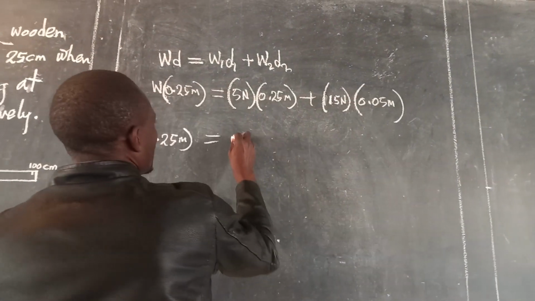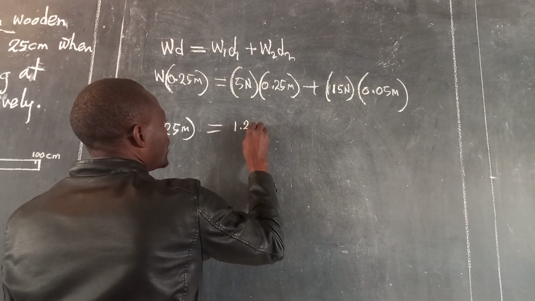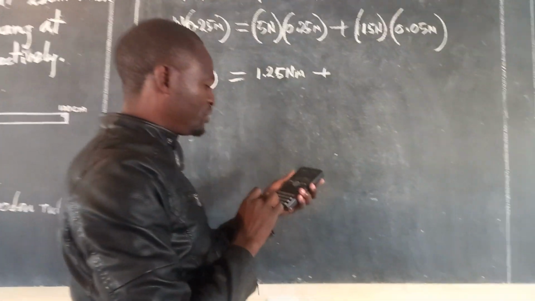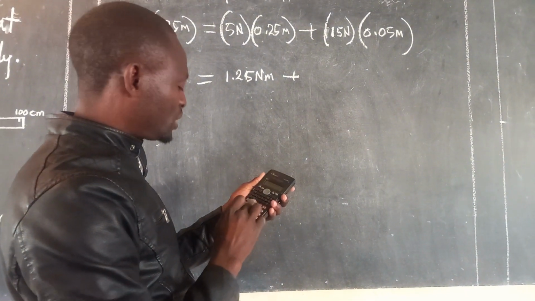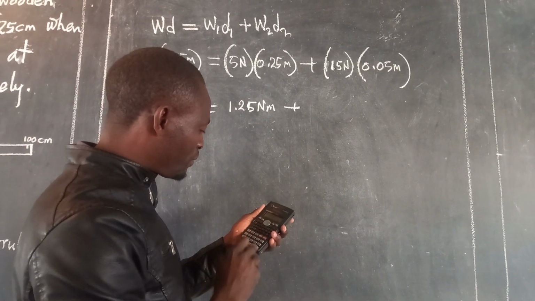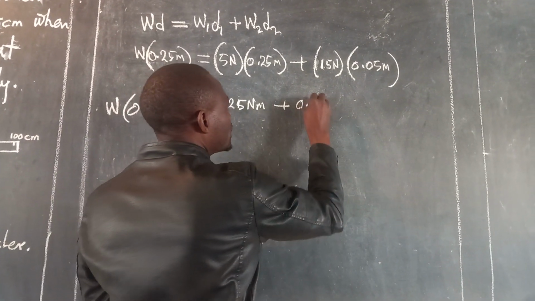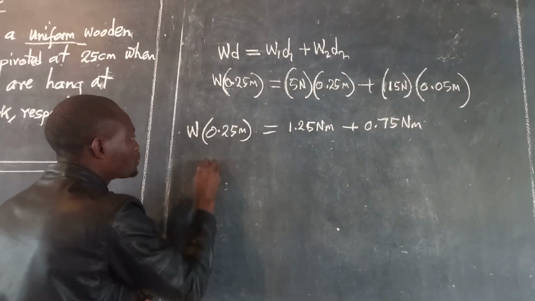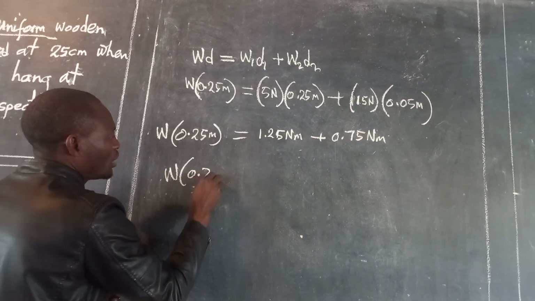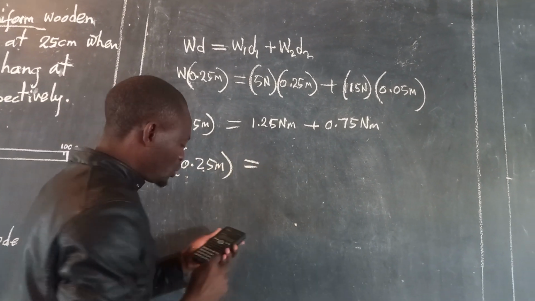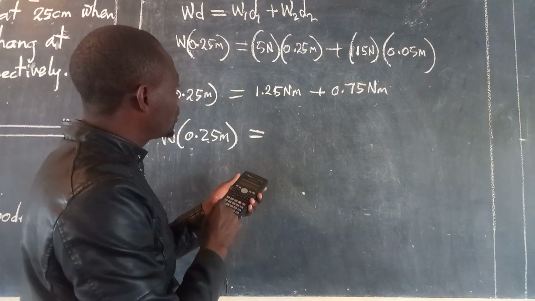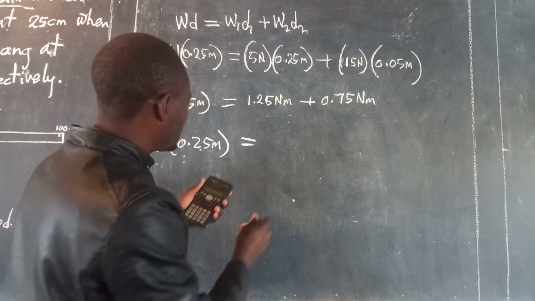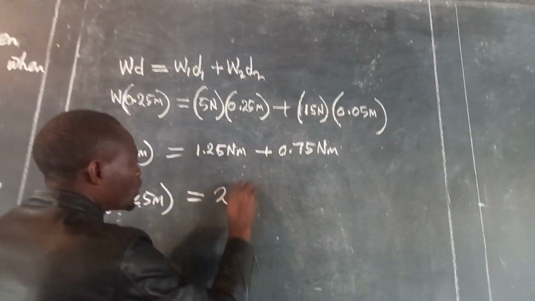It's giving us 1.25 newton meters, plus the 15 newtons times 0.05 is giving us 0.75 newton meters. Adding the two, that is 1.25 plus 0.75, giving us 2 newton meters.